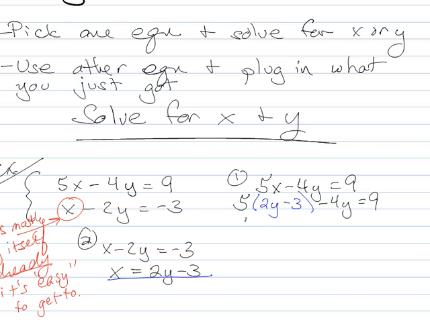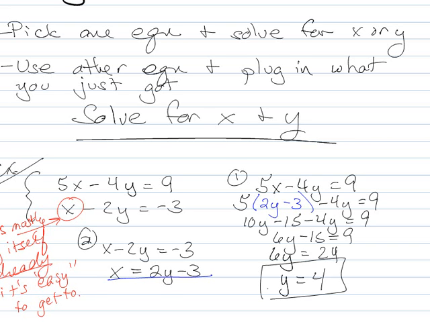So now I can go ahead and distribute the 5, minus 4y equals 9, so I get 6y minus 15 is 9, so 6y equals 24, so y equals 4. And that's part of my answer. Now that I solved for y, I can plug it back in. So we started here, we went there.